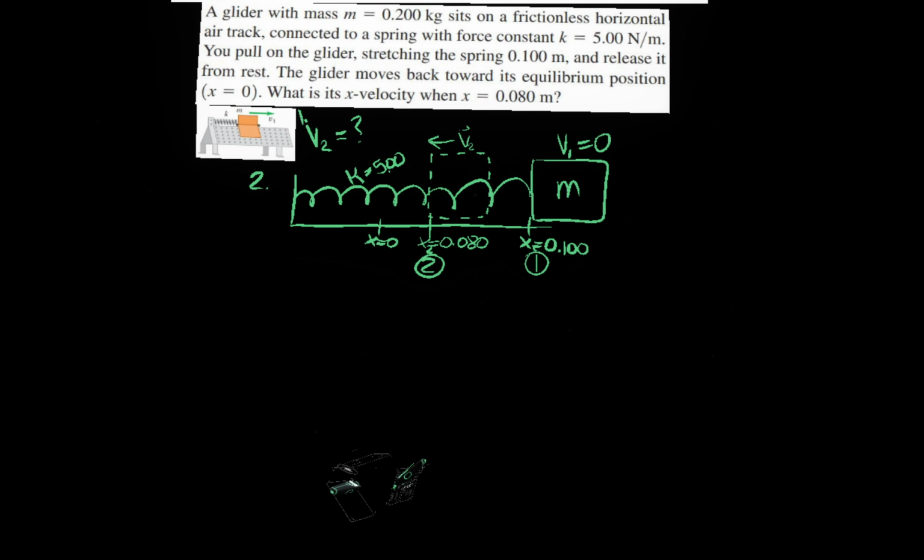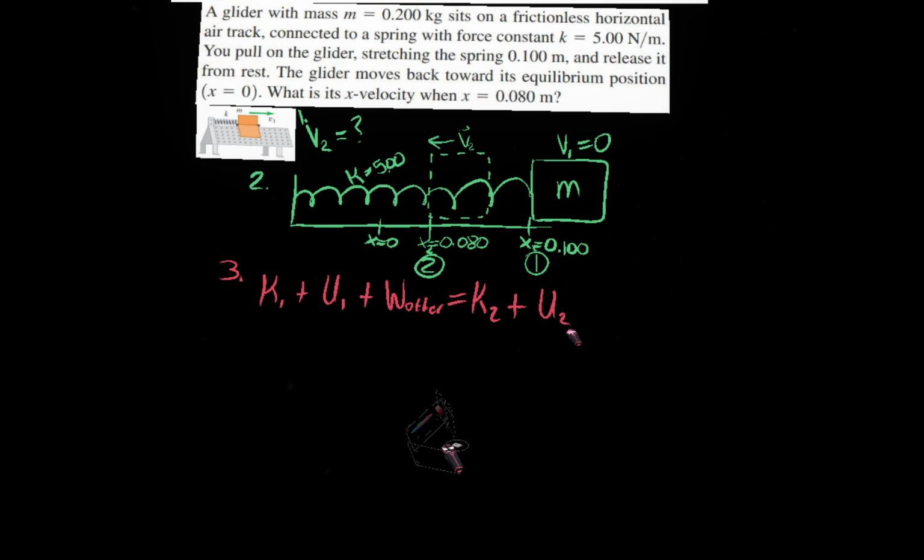So let's go on to step 3, where we write out our energy statement. The full thing: K1 plus U1 plus work other is equal to K2 plus U2.